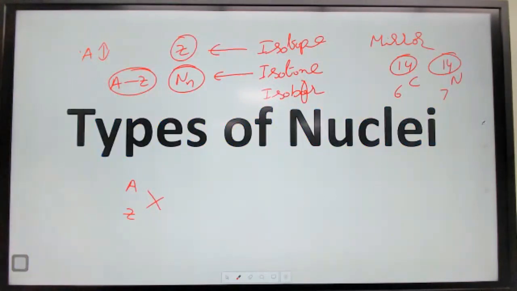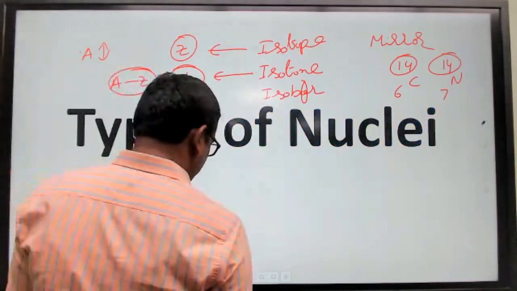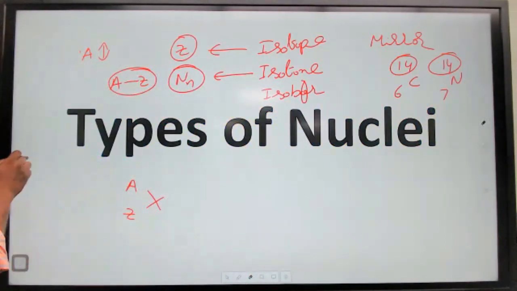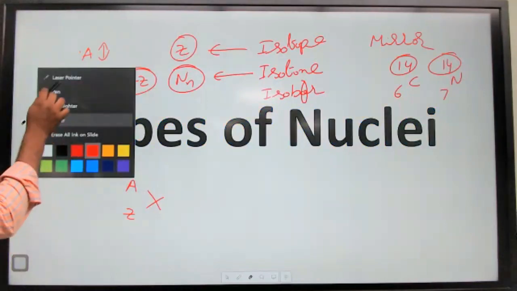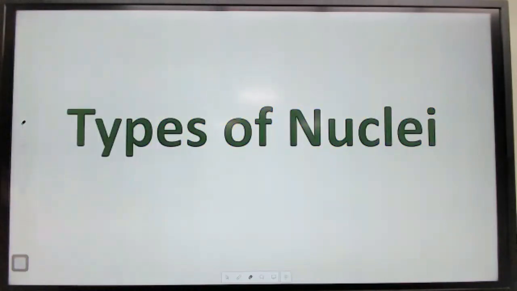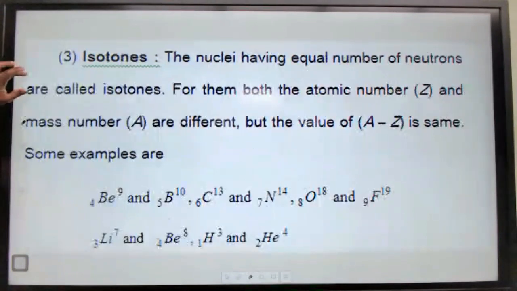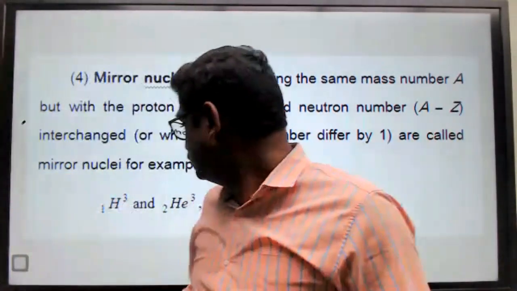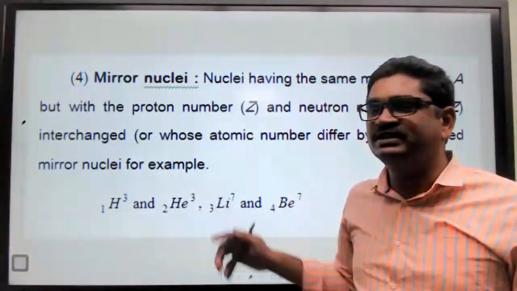Next one, mirror nuclei. Mirror nuclei means the proton number of the first element should be equal to the neutron number of the second element. Just go through this example once: 1H3 and 2He3.